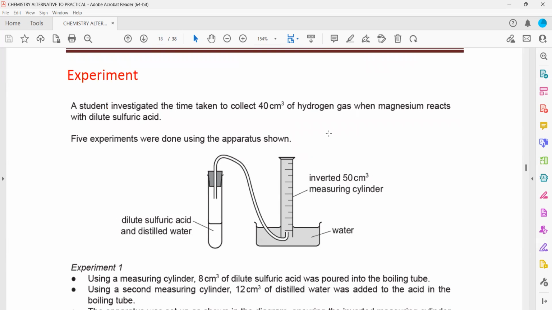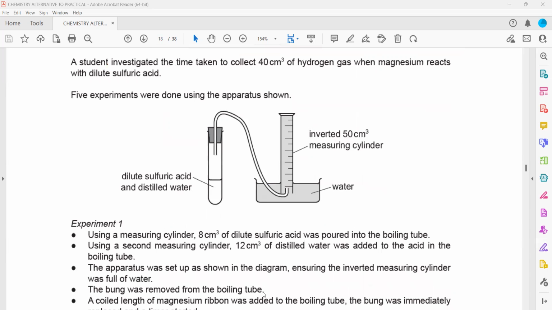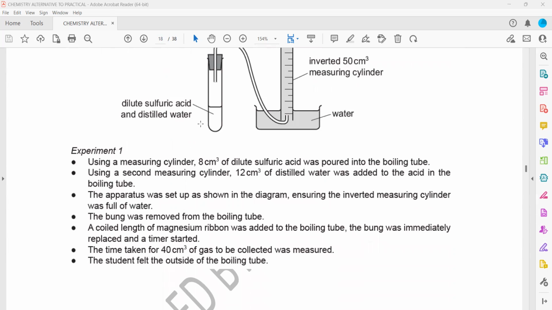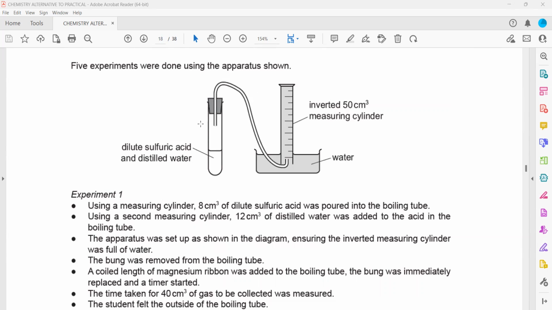The student investigated the time to collect 40 cm cube of hydrogen gas when magnesium reacts with sulfuric acid. So here sulfuric acid and distilled water are there. Five experiments were done using a measuring cylinder. 8 cm cube of sulfuric acid was poured into a boiling tube.